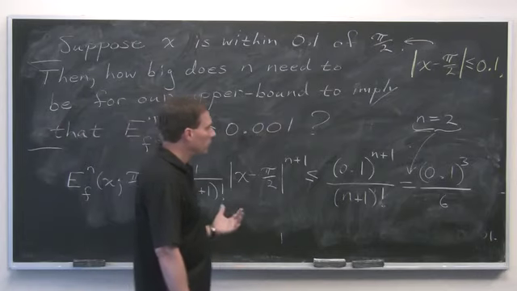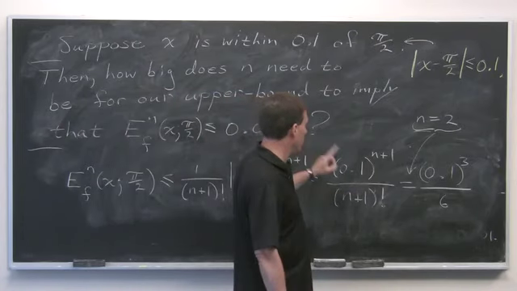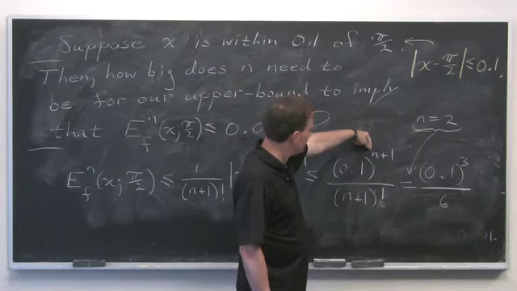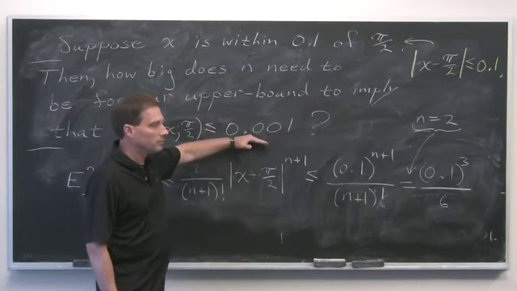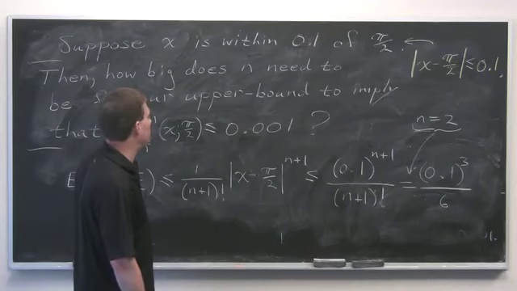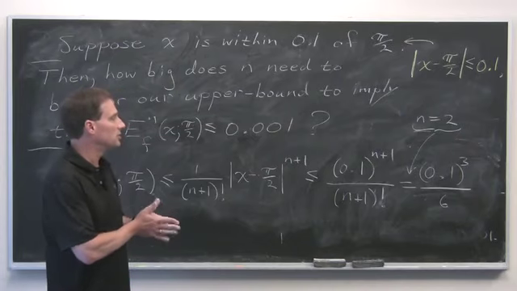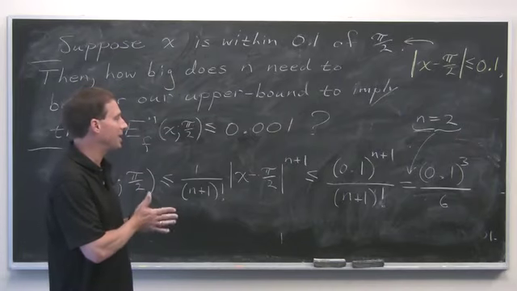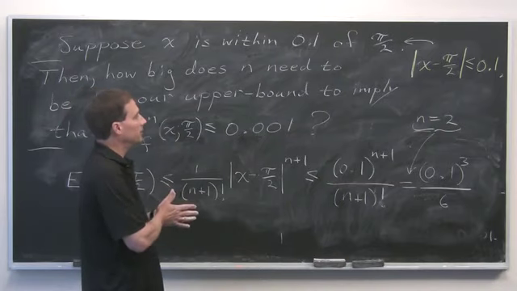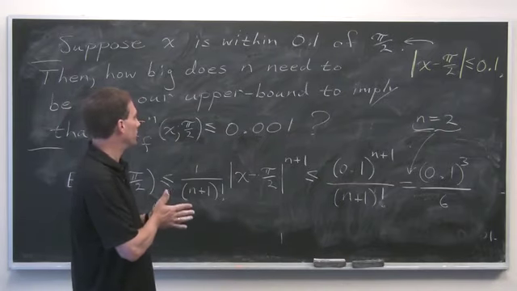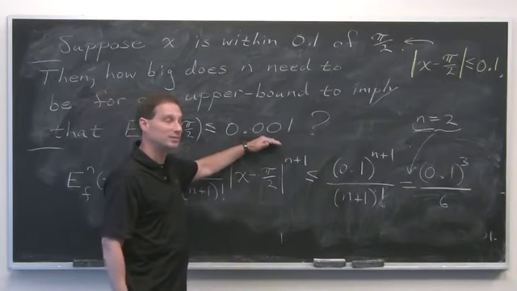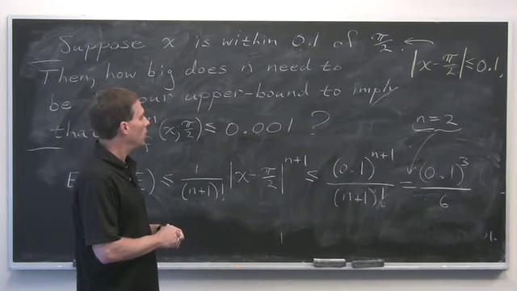If n were 1, if we just use n equals 1, we would get 0.01, and then divided by 2, so we get 0.005, but we wouldn't get something better than this. So n equals 2 is enough. Now, we might not need n equals 2 for some x values, but this is what we can calculate easily as an upper bound. If n is 2, we know that there's an upper bound of 1,000th divided by 6. So what does this mean?